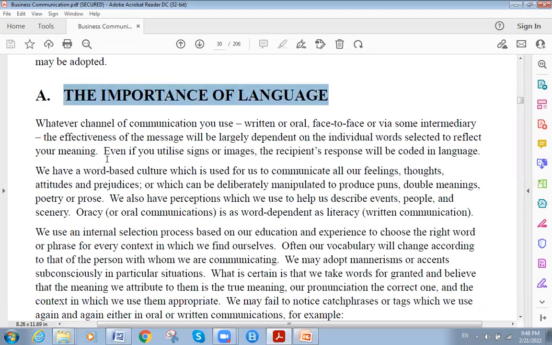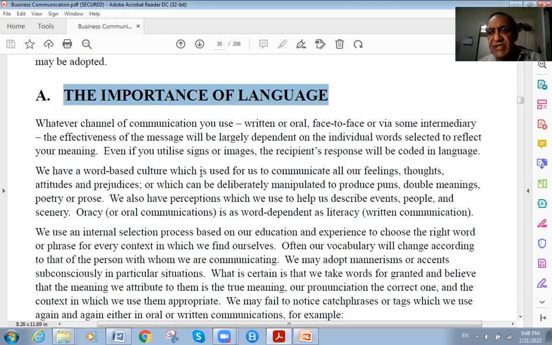Of course, no two persons would contradict each other, with one saying yes, the language is important, and the other saying language is not important. Language is very, very important, because language is a means of communication in any society. For that reason, it's important.